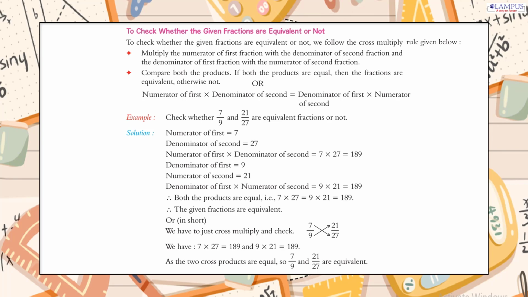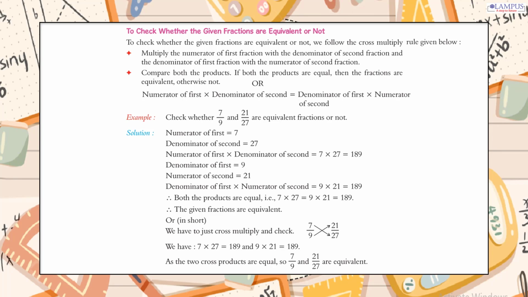Example. Check whether 7 by 9 and 21 by 27 are equivalent fractions or not. Solution. Numerator of first equals 7, denominator of second equals 27, numerator of first multiplied by denominator of second equals 7 times 27 equals 189.